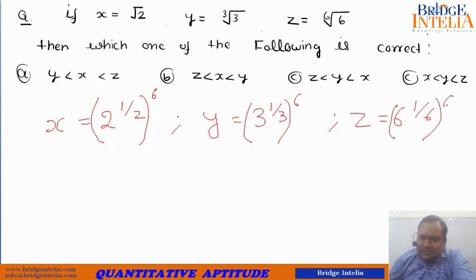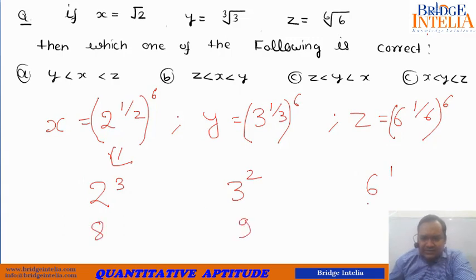So instead of comparing the given numbers, I would like to compare these, because after transforming, this becomes 2 cube, this becomes 3 square, and this becomes 6 to the power 1. So 2 cube is 8, 3 square is 9, 6 to the power 1 is 6. Which of these is the correct order?